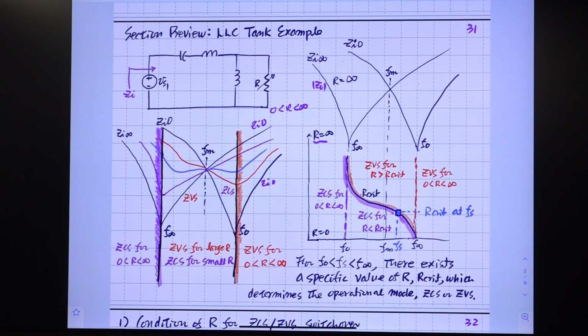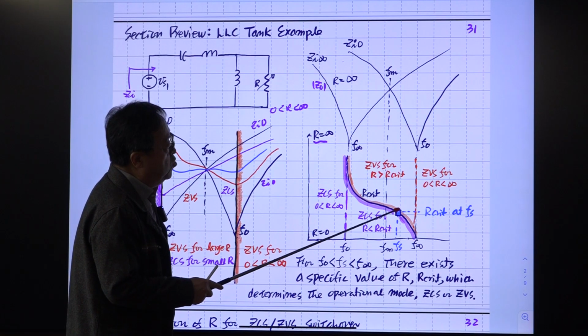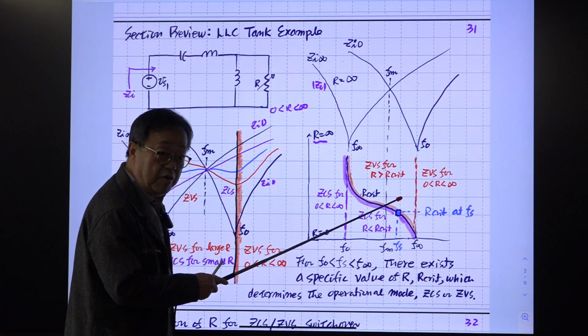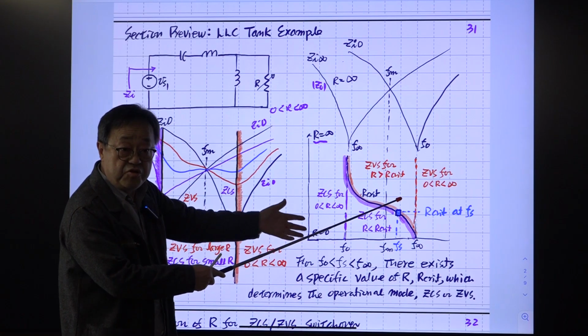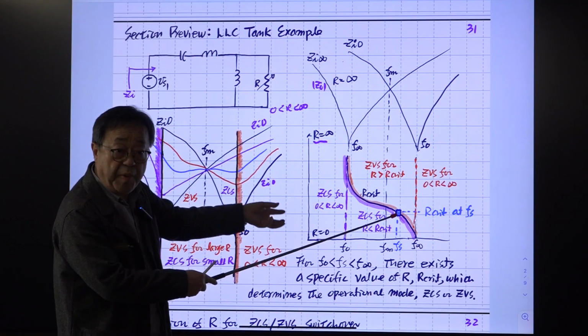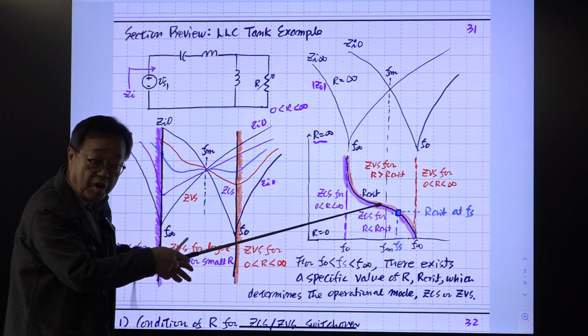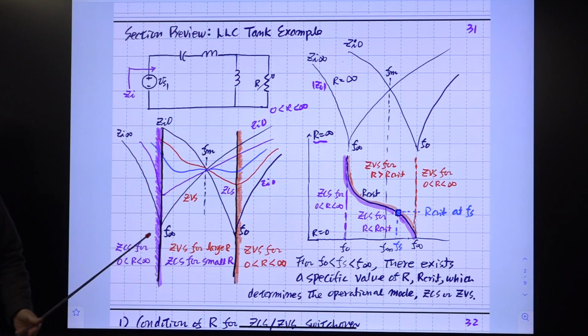Okay. Another problem is, maybe you want to put your operating point here, all right? But the switching frequency will change because this converter is basically feedback controlled by frequency modulation. Then this point will be moved around. Then it will cross over the borderline between GBS and GCS.